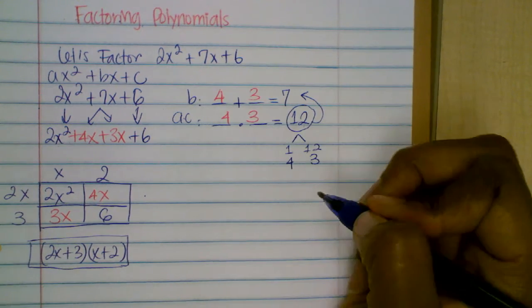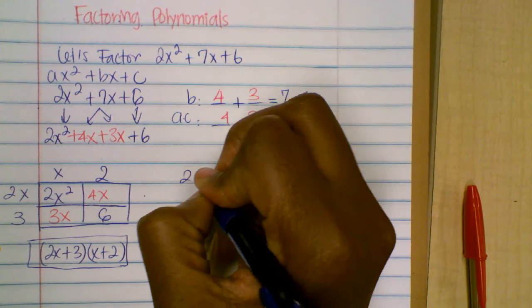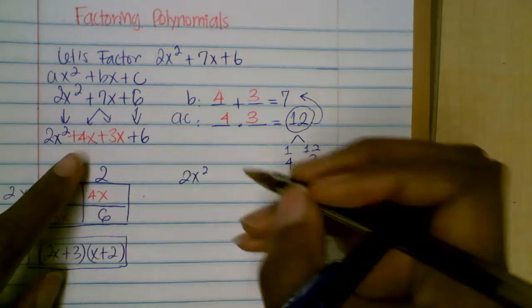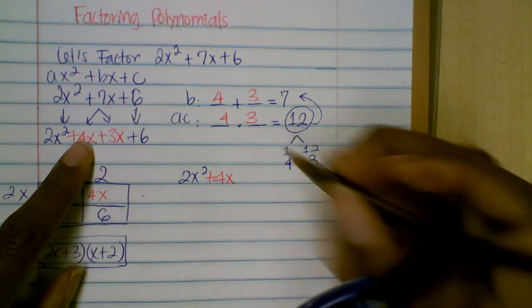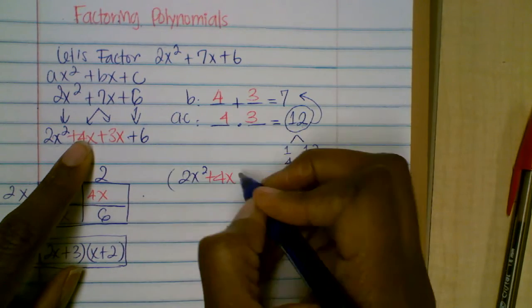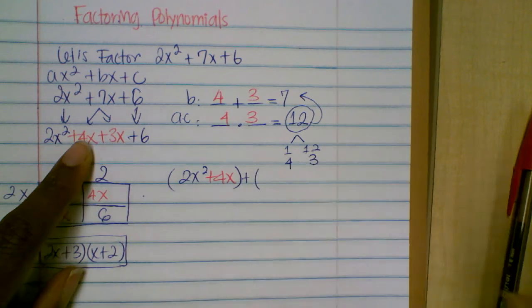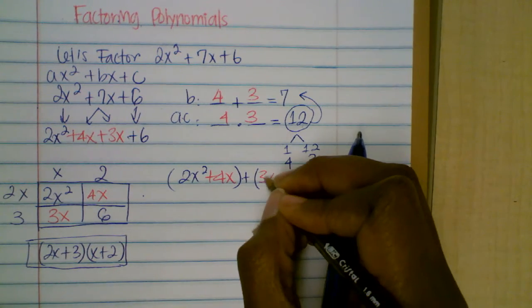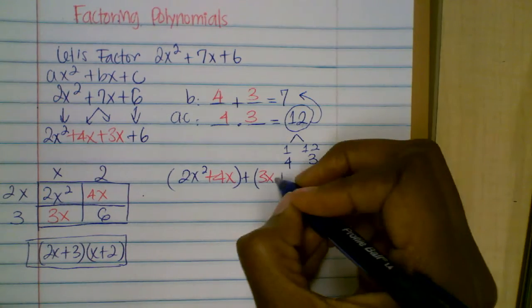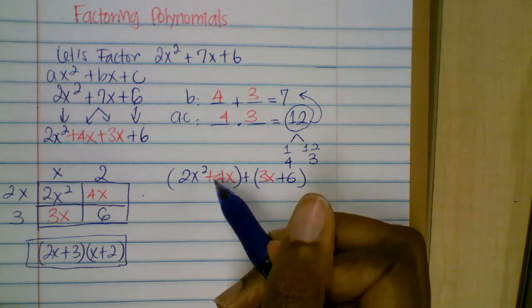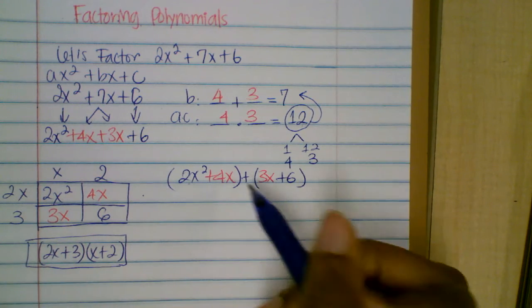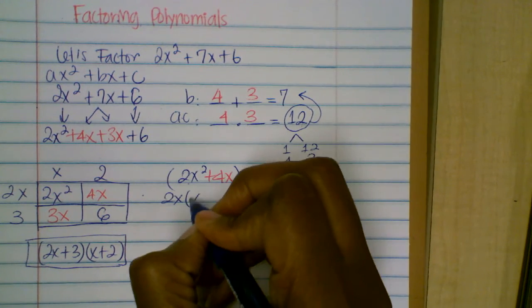Okay. By grouping, I'm going to group the two terms on the left together. Then I'm going to group the two terms on the right together. So the greatest common factor between 2x squared and 4x is 2x.